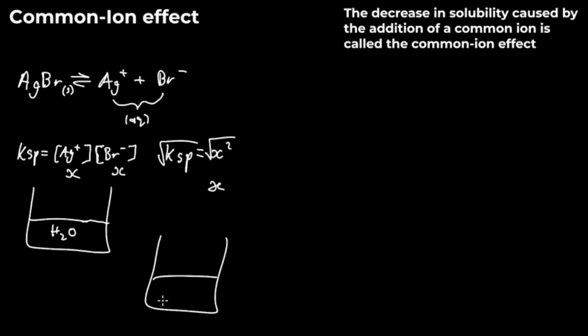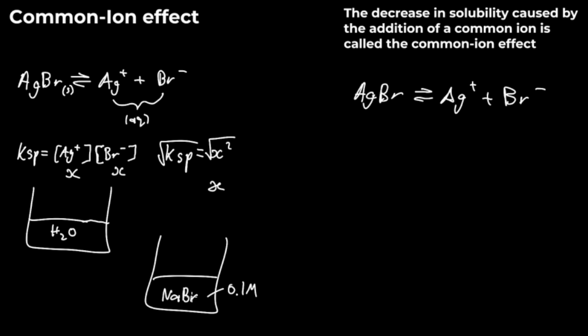I'll just redraw this here quickly. We can use Le Chatelier's principle. So if we have AgBr here, we have Ag plus and Br minus.